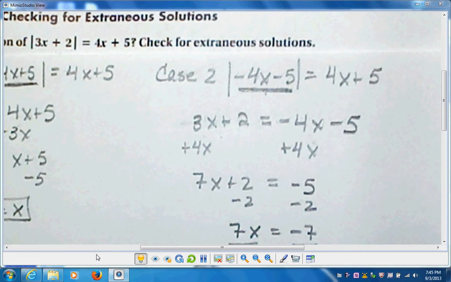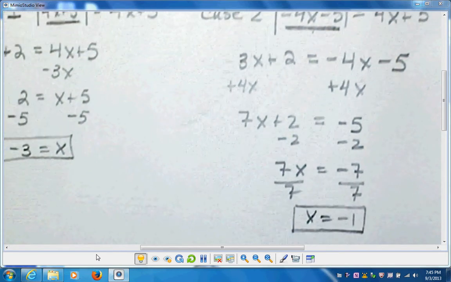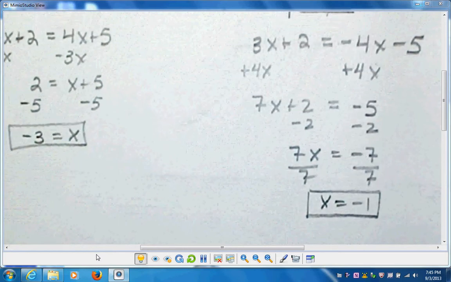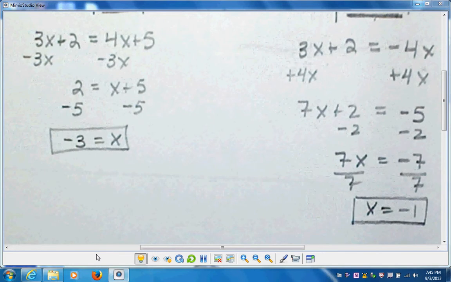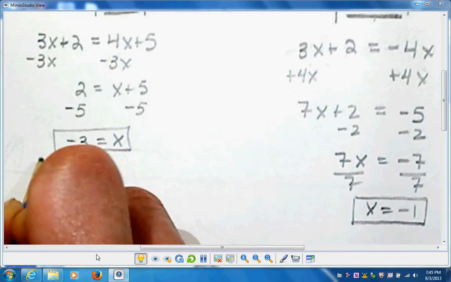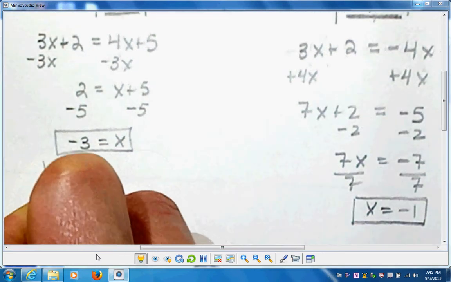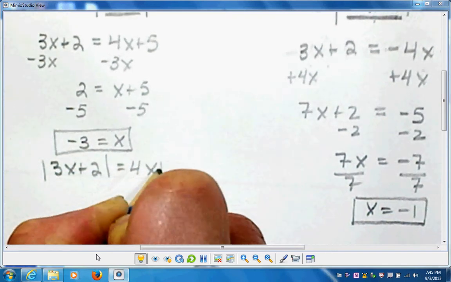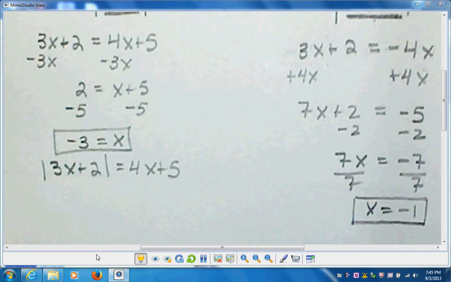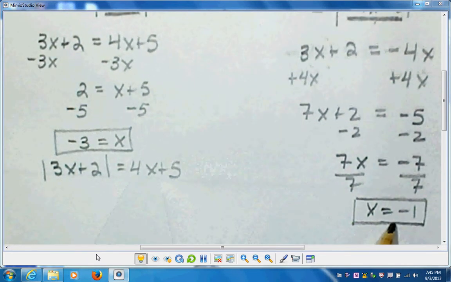It's an answer that when we worked it out, we definitely got 2 answers, but maybe one of those answers is lying, which means we have to put it back into the original. So our original problem was the absolute value of 3x plus 2 is equal to 4x plus 5. So we're going to substitute negative 3 in first, and then we'll substitute in negative 1.